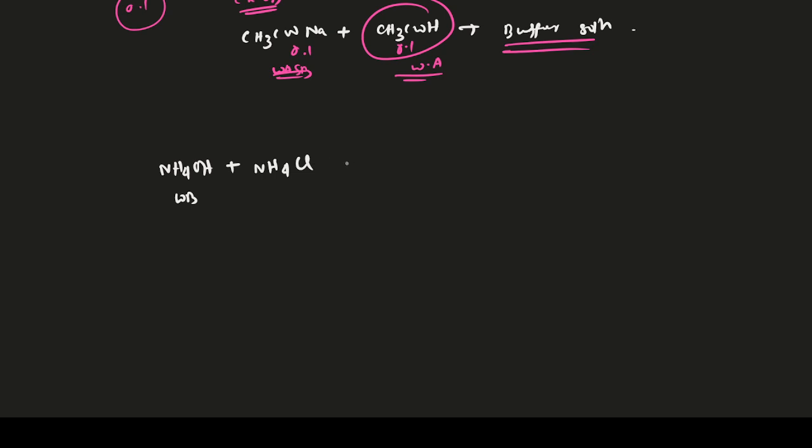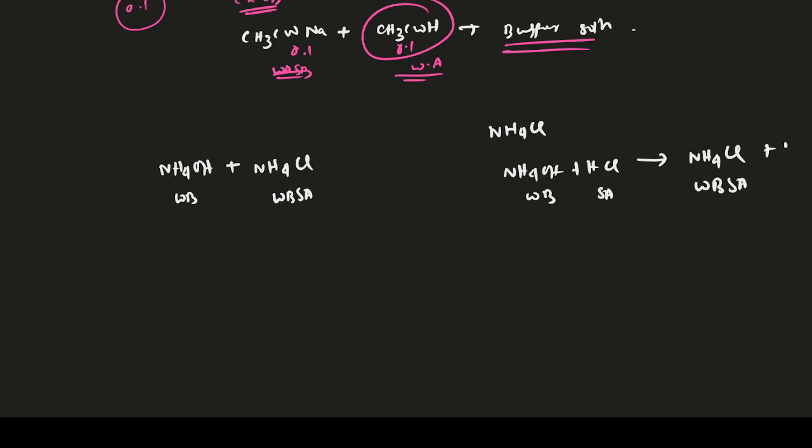Whenever you react it, this is weak base strong acid, because how will you get NH4Cl? Whenever you react NH4OH plus HCl, this is weak base strong acid, then what will you get? NH4Cl plus water. So this one comes from weak base strong acid, and then you will get the buffer solutions.